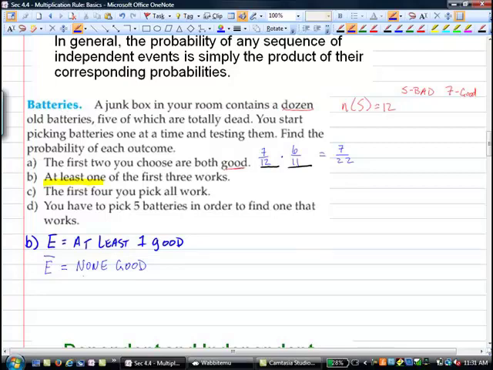And the reason I want to find the complement is if I tried to just head on find the probability that at least one is good, I would have to find the probability that the first one's good and the second 2 are bad, the probability that the first one's bad and the second one's good and then the third one's bad. I'd have to add up all of those different probabilities.